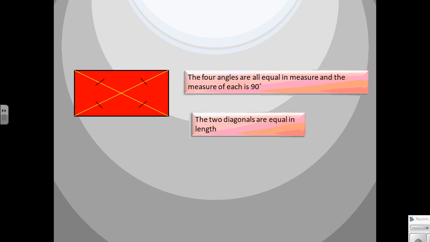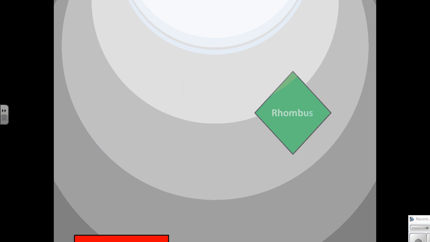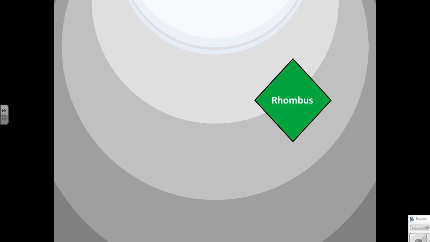Let's see the third quadrilateral, the rhombus. The rhombus is the second son of the parallelogram. So it has all the properties of the parallelogram and its own properties also. Don't forget that the rhombus has all the properties of the parallelogram plus these properties.